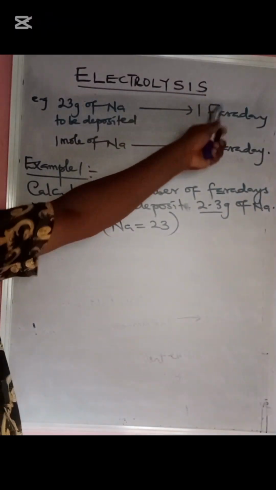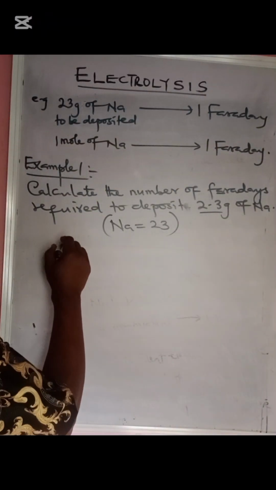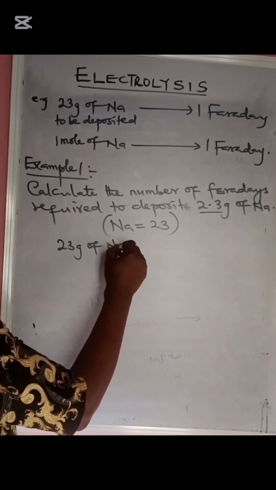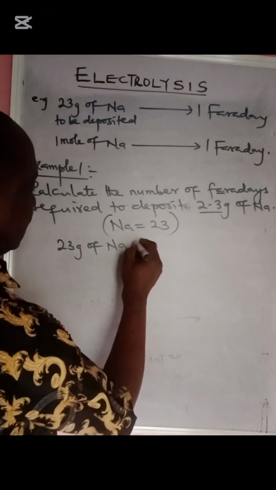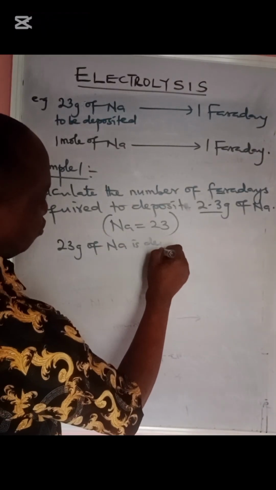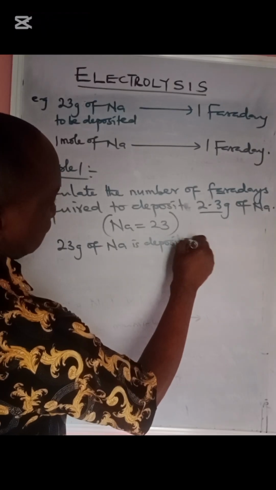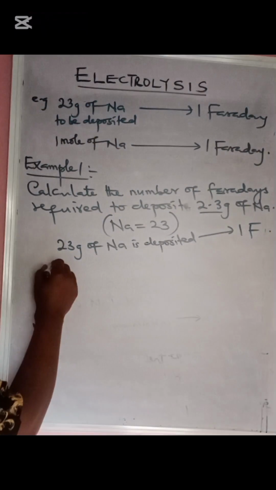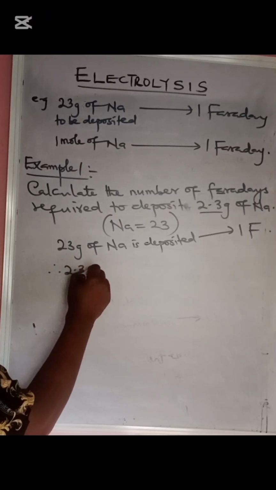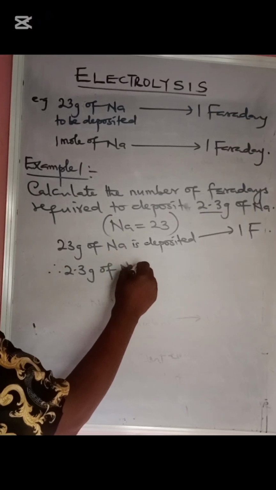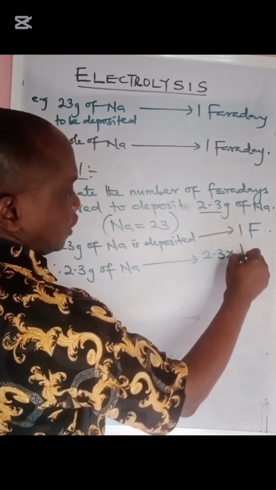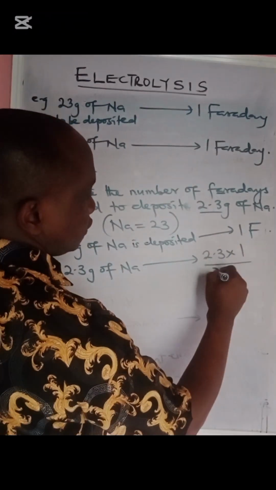By stating that 23 grams of sodium is deposited by 1 Faraday, therefore 2.3 grams of sodium will be 2.3 times 1 divided by 23.